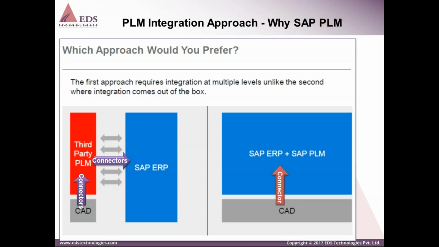And for that, he just needs one connector, which is available as part of the licensing BOM from SAP. So with this, the overall cost of ownership and the investment come to an optimized level. As we see here on the SAP PLM side, we bring in one single connector, which takes you right from the CAD tool to your SAP system.